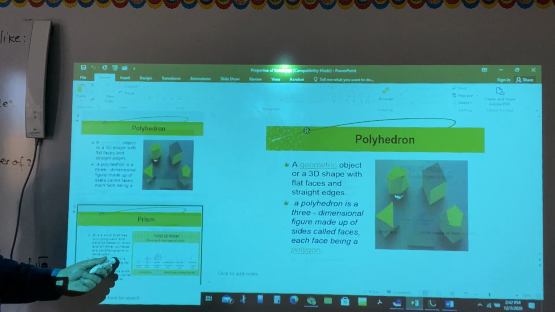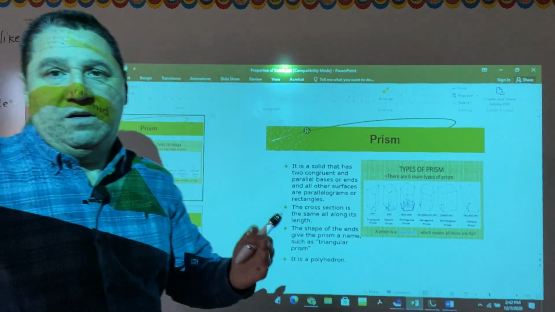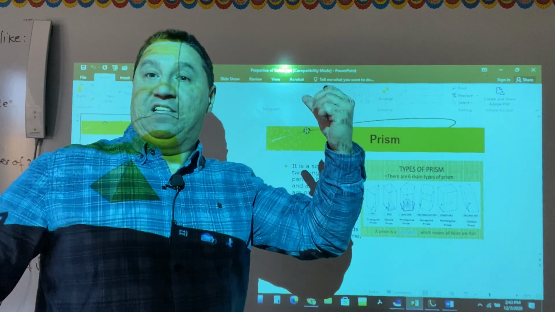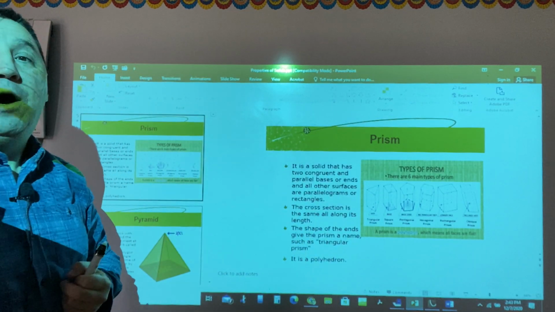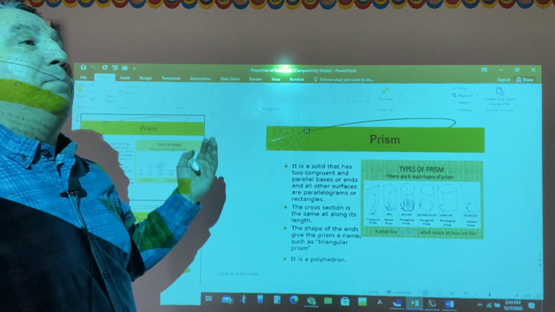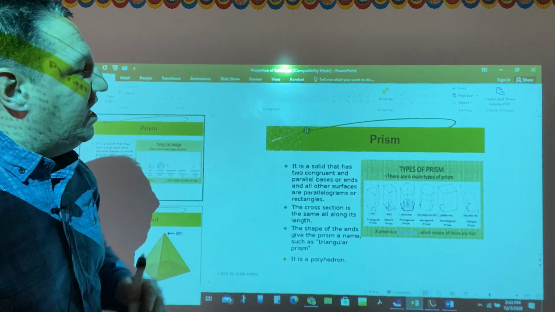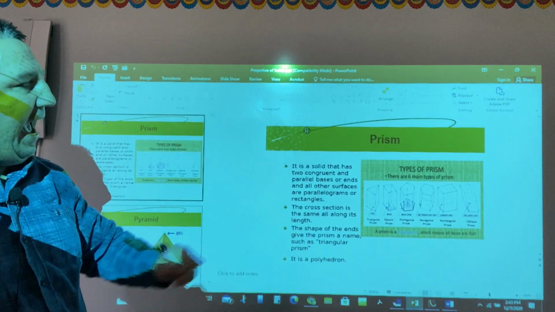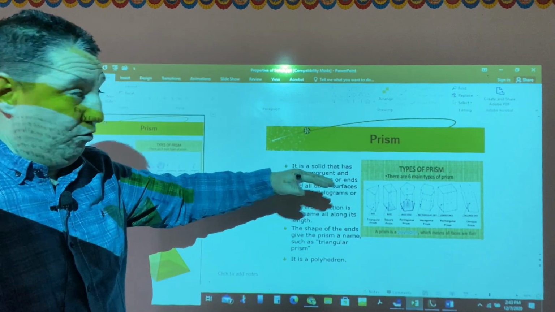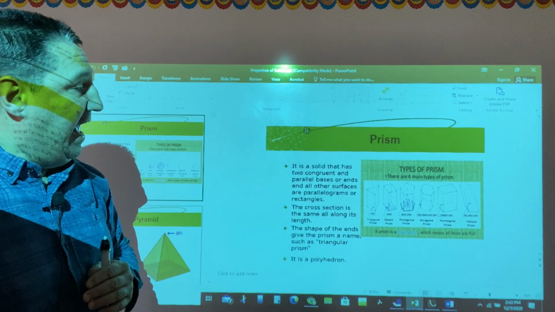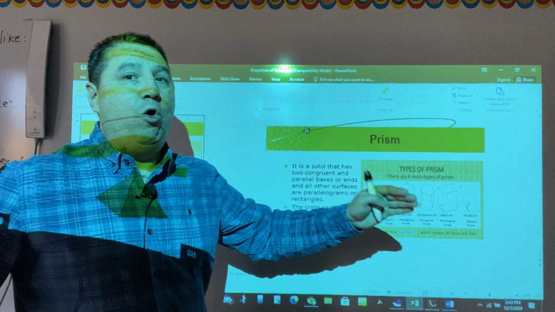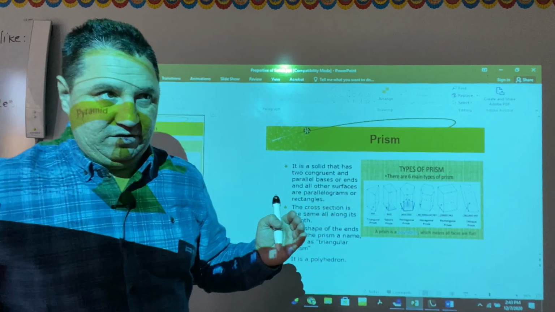So the first type of polyhedron or 3D shape is the prism. What is a prism? It is a solid that has two congruent and parallel bases, or ends, and all other surfaces are parallelograms or rectangles.